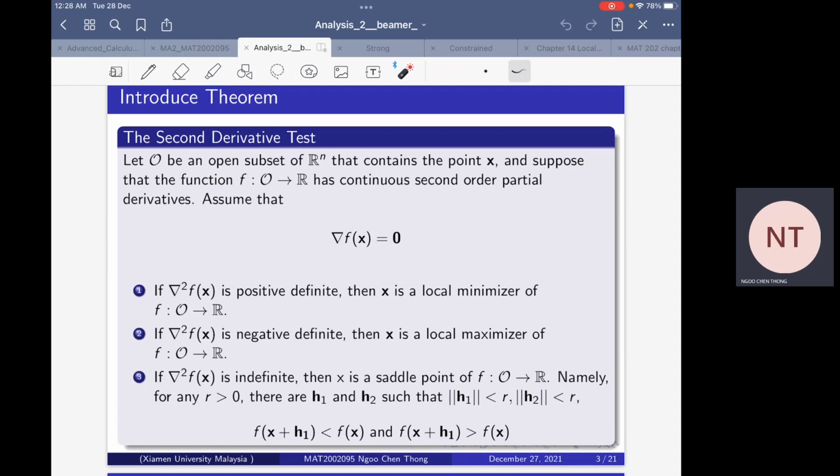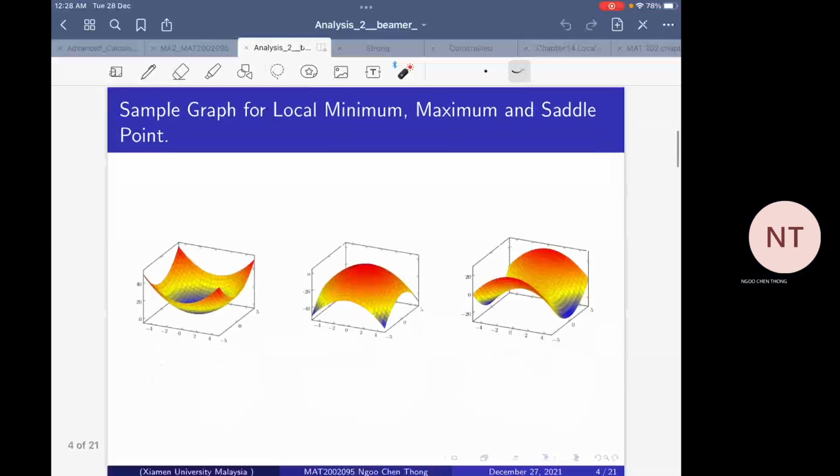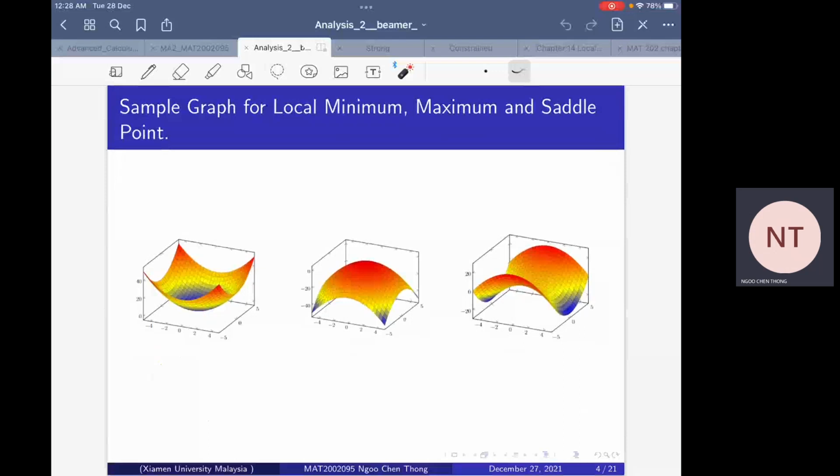Saddle point means that f is not positive and also not negative, like this. Now we see this graph. We can see that this point is a local minimizer, and this is a local maximizer. But for this one, if we look in this direction, we see this curve, and here is a local maximizer.